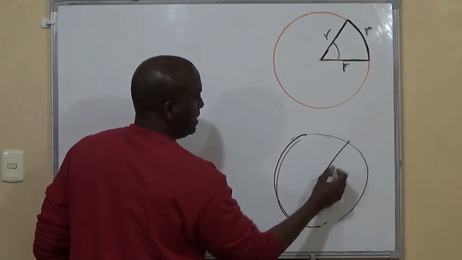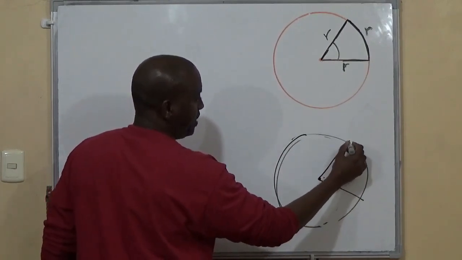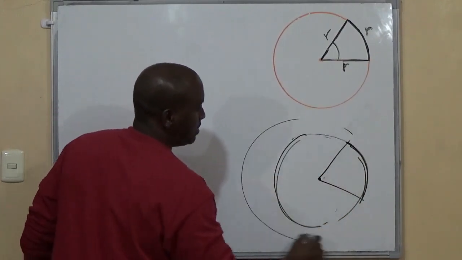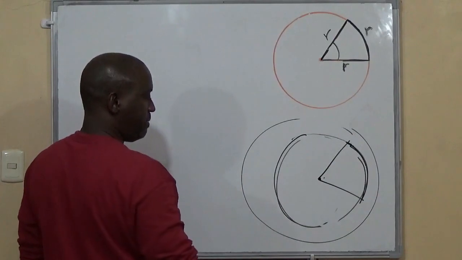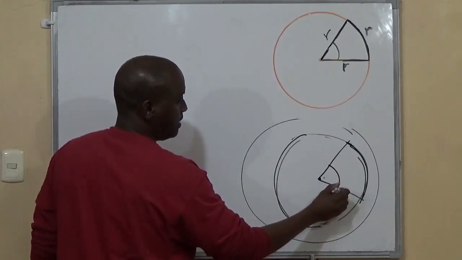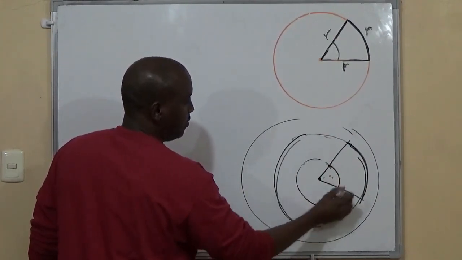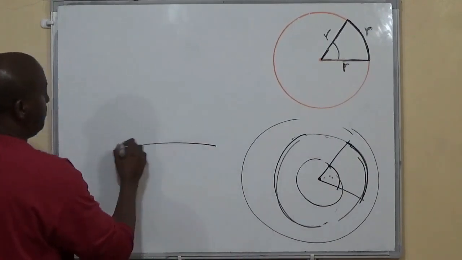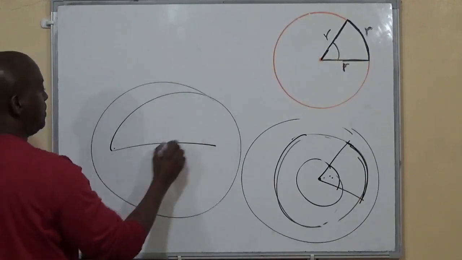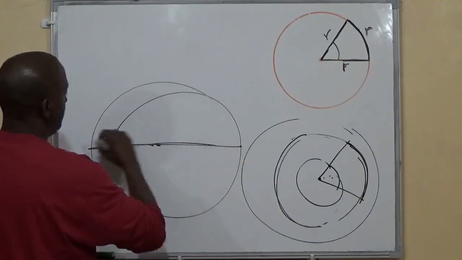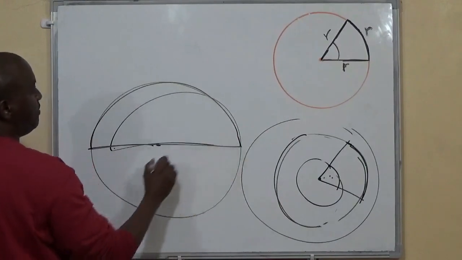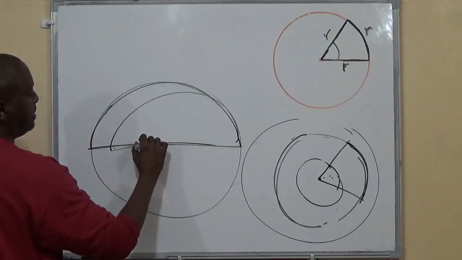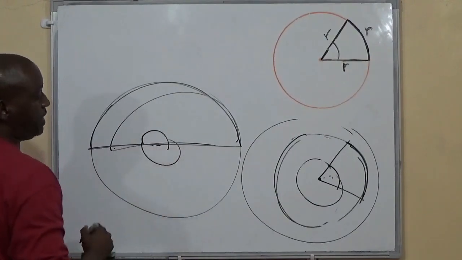For any circle, the ratio of the arc length to the entire circumference is the same as the ratio of this angular measure here to all of the degrees in the circle. So in terms of degrees, for a semicircle, this measure, which is half of the circumference, over the whole circumference is the same thing as this angle over all of the angles.